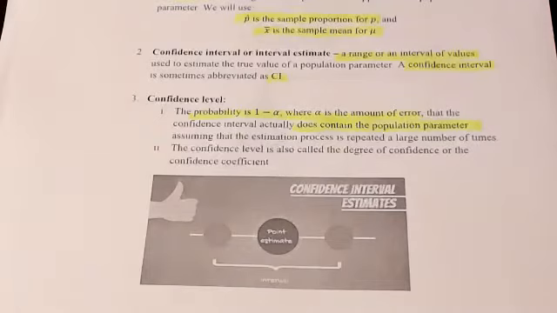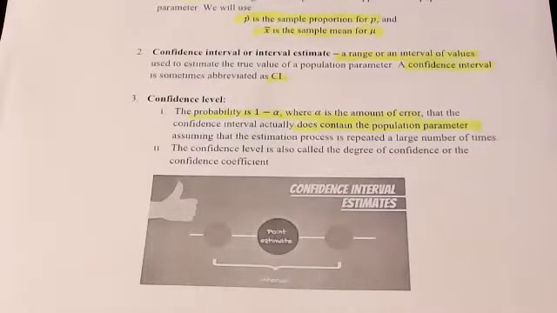Your confidence interval, the probability is 1 minus alpha. Now, alpha is the amount of error. So that's going to change. Sometimes you will allow for a 5% error, so you're 95% confident. Sometimes you'll allow for 10% error, so you're 90% confident.